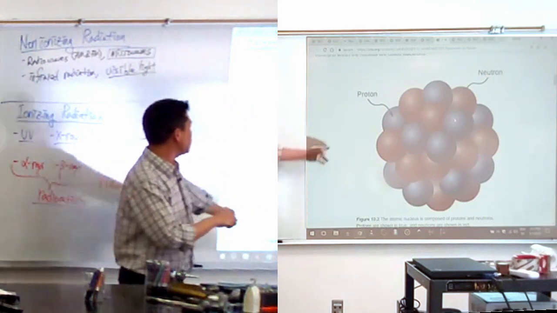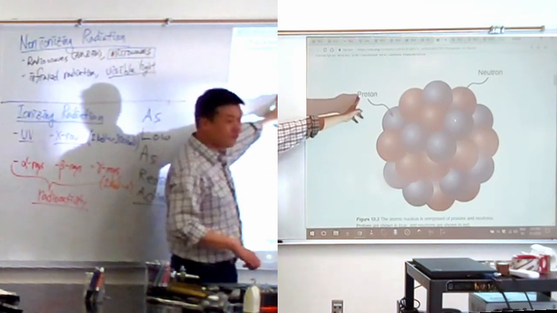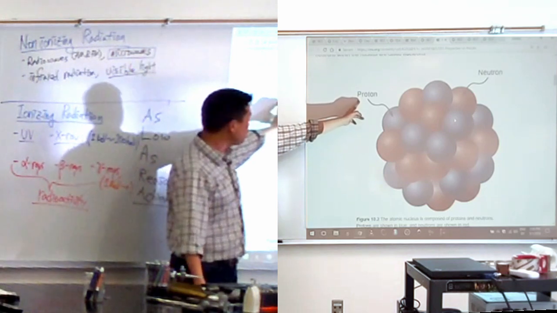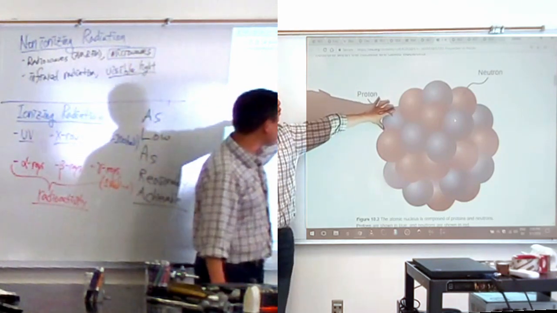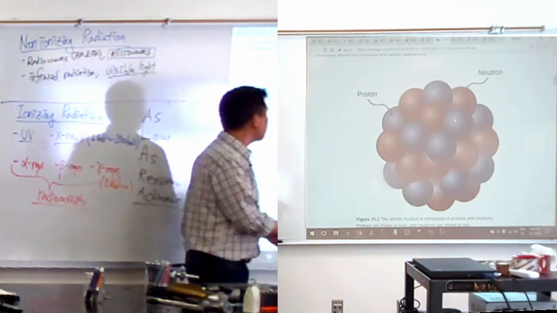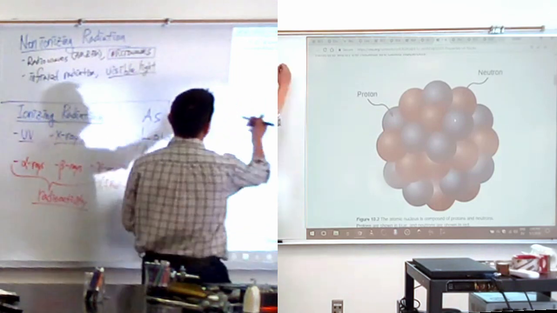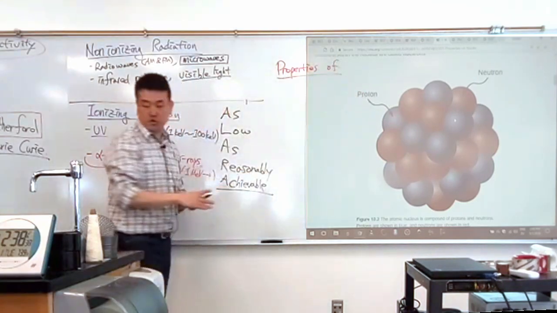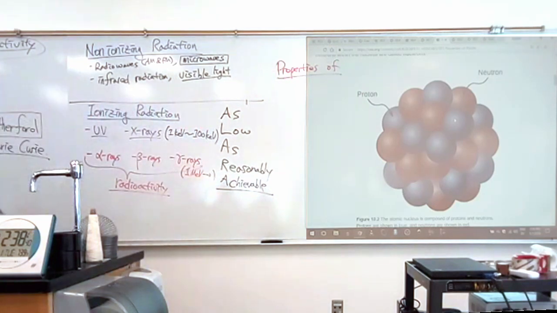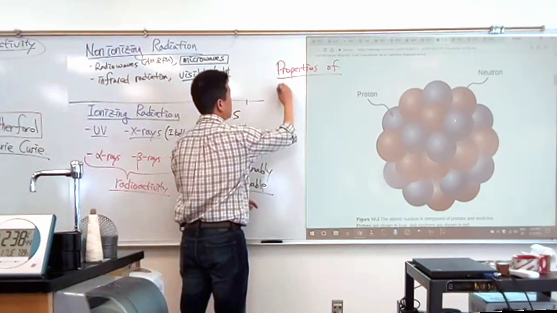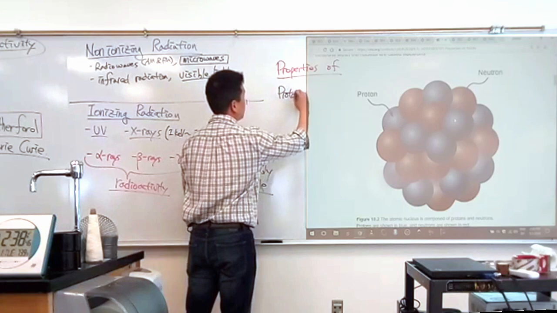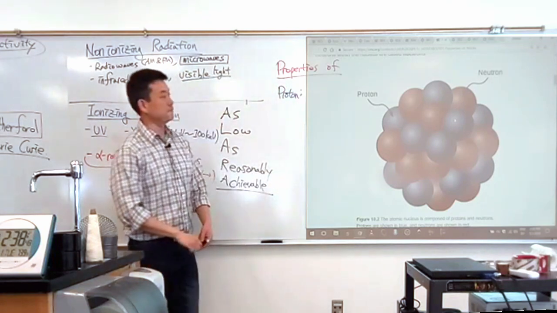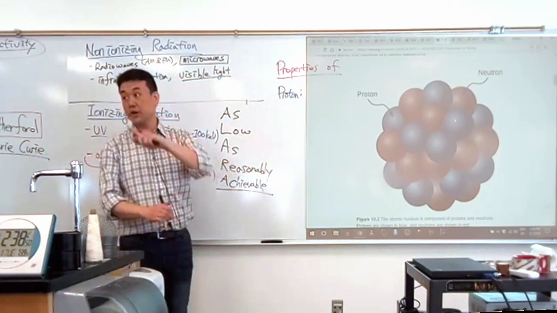So you guys already know about protons, right? From the hydrogen atom. Proton was the thing that's at the core of the hydrogen atom. So we can start listing properties of proton and neutron separately. Properties of proton would be that it has charge.